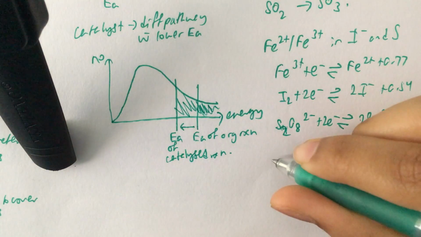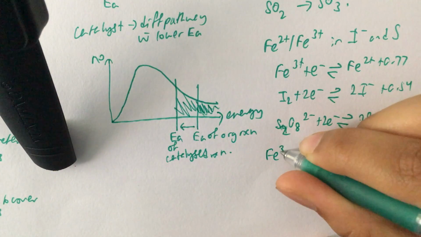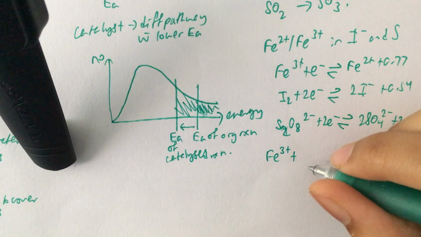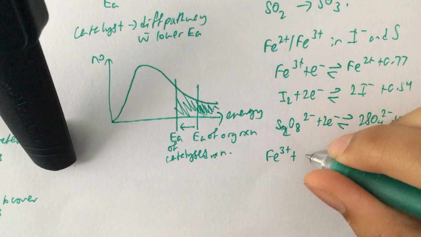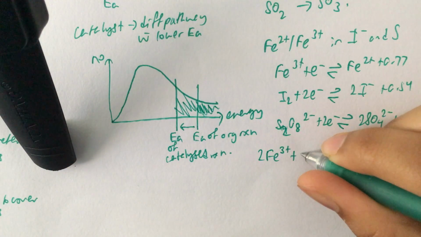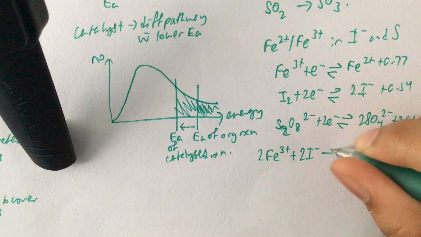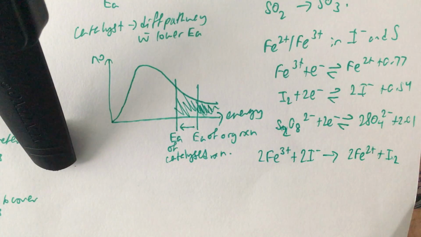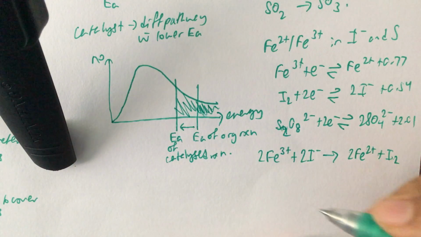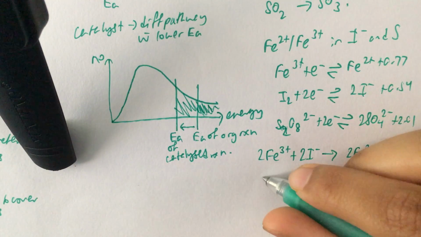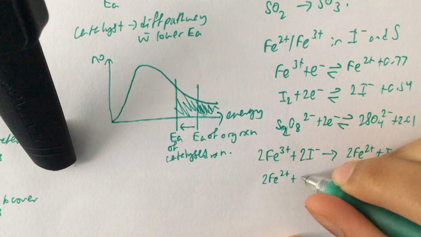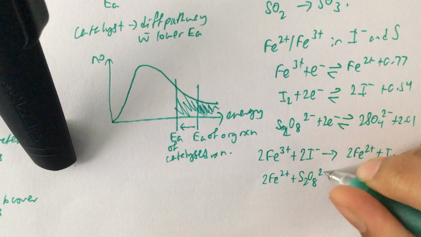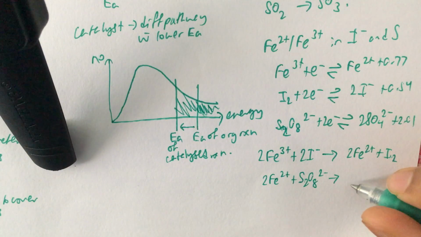But that means that the Fe2+ is, wait, I kind of forgot what happens. Sorry. Okay, so iodide will become I2. So how that happens is that you need Fe3+ to do that to the I-. The Fe3+ will require electrons, and the I- will give you the electrons.